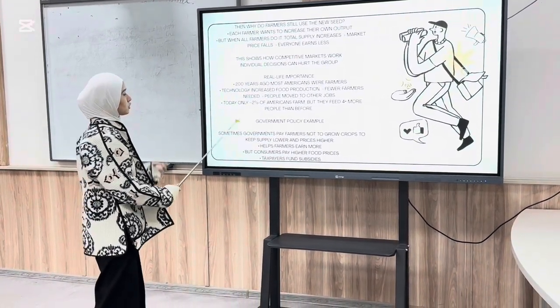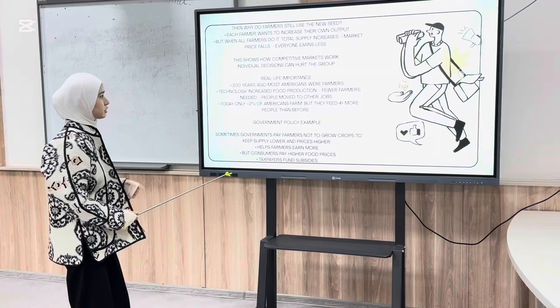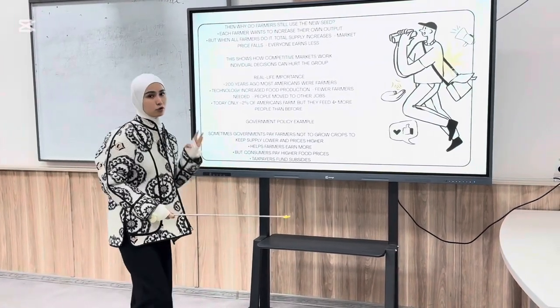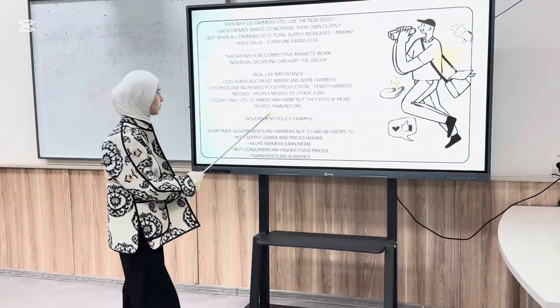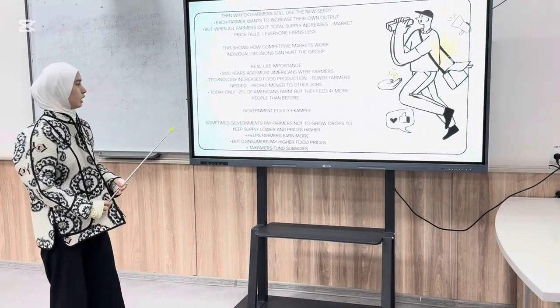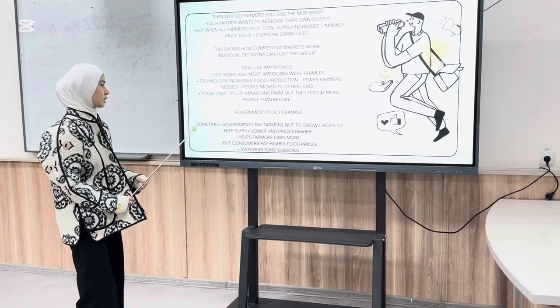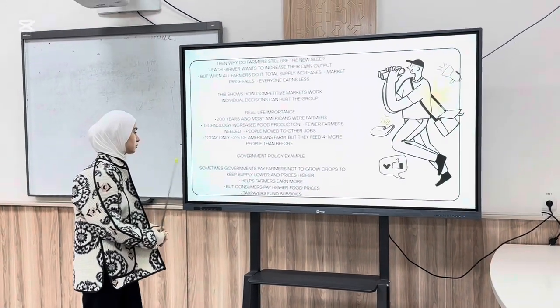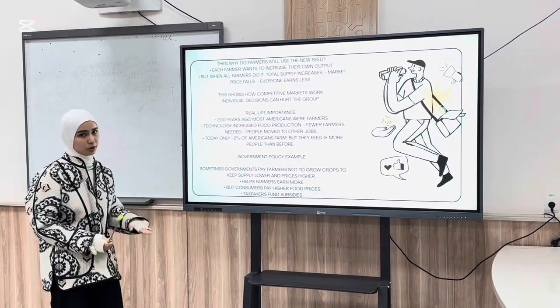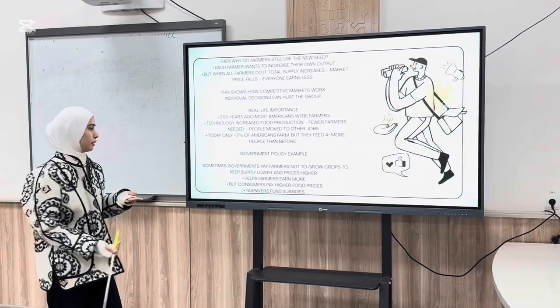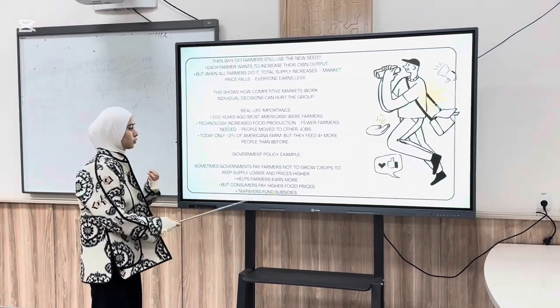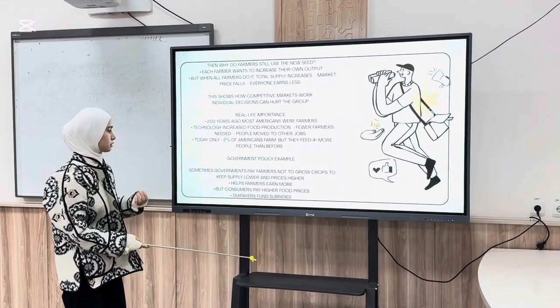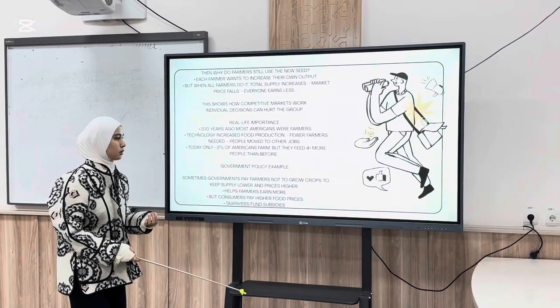Today only 2% of Americans farm, but they feed 4 times more people than before. And sometimes the government pays farmers not to grow crops, to keep supply lower and price higher. The government helps farmers earn more, but consumers pay higher food prices.